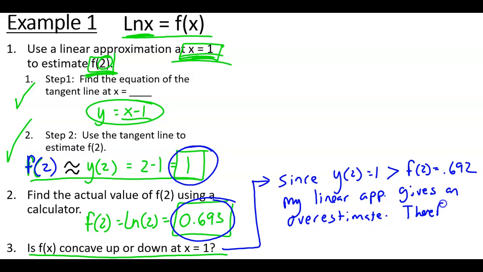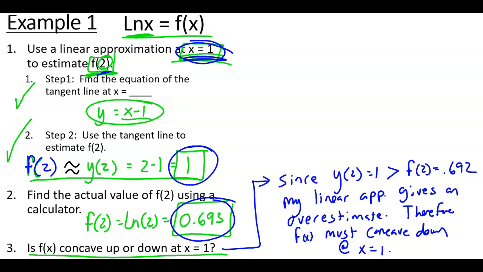Therefore, f of x must be concave down at x equals 1. And I said 1 because that's the point of tangency. Okay? This is the value I was estimating, but this is where my tangent line actually touches the curve.